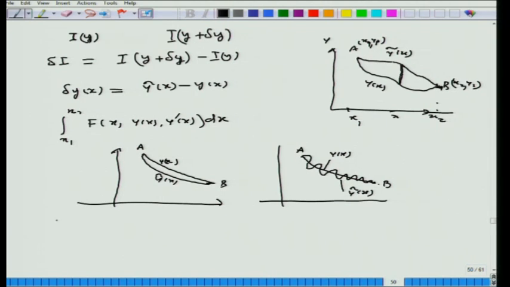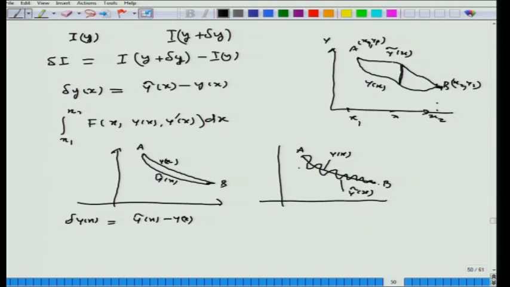Though delta y x is y tilde x minus y x here, and in this case also delta y x will be the same thing, we see that the variation will be too much in the derivative.